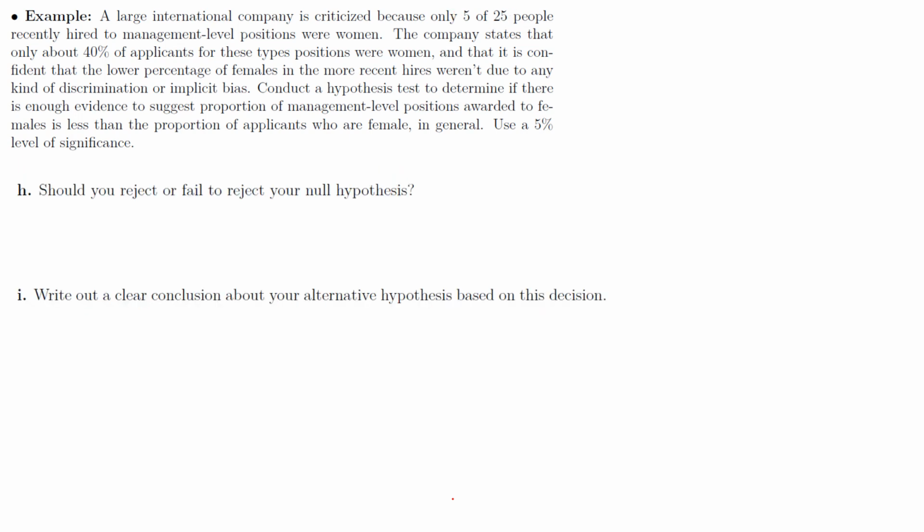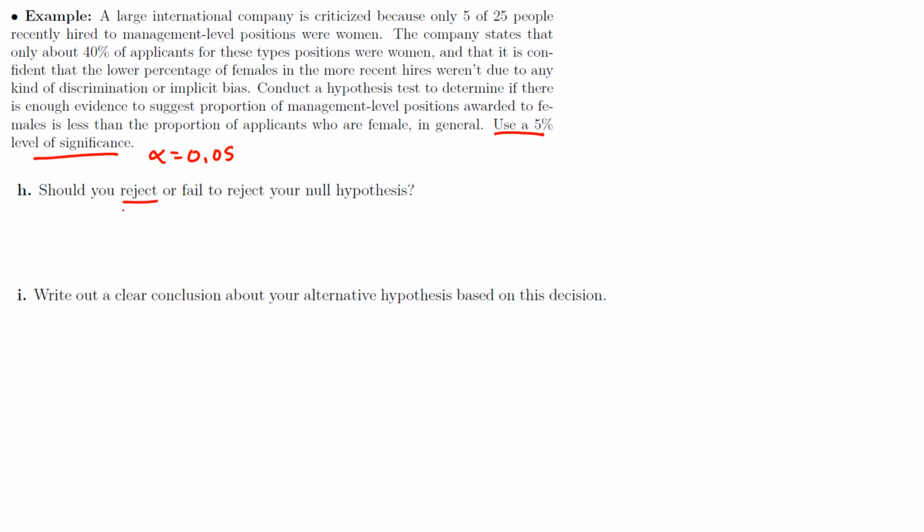So, again, let's remember how we ultimately make our decisions. We said we're going to use a 5% level of significance, so our level of significance alpha is 0.05. And when we make this decision to reject or fail to reject the null hypothesis, we're basing it solely on whether the p-value is below this level of significance or above.